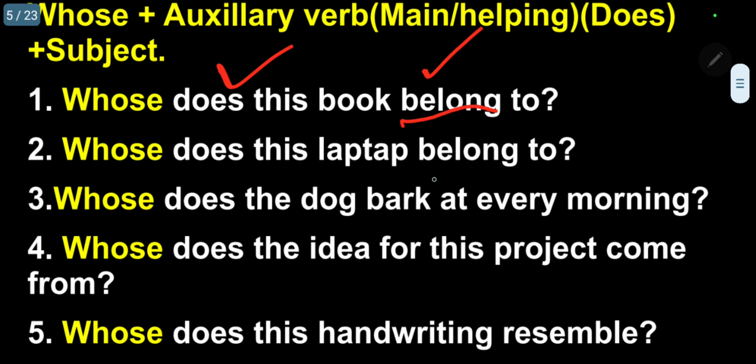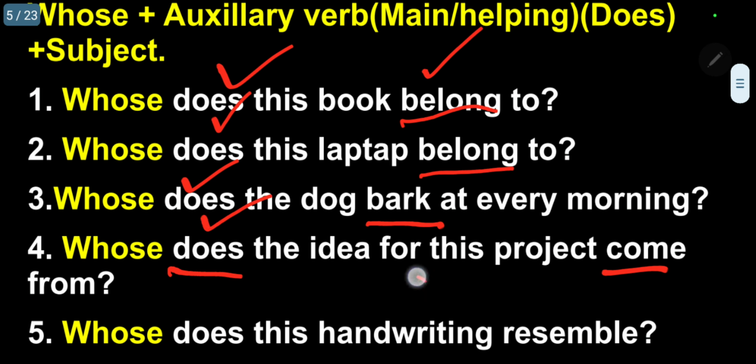Whose does this laptop belong to? Belong is the main verb, does is the auxiliary. Whose does the dog bark at every morning? Bark is the main verb, does is the auxiliary. Who does the idea for this project come from? Come is the main verb, does is the auxiliary.